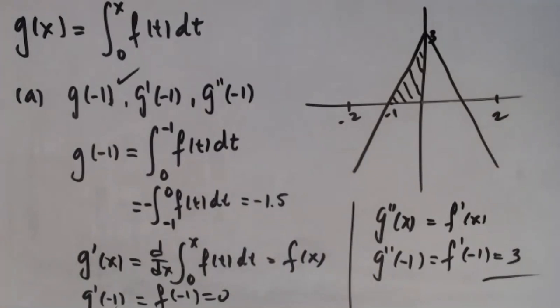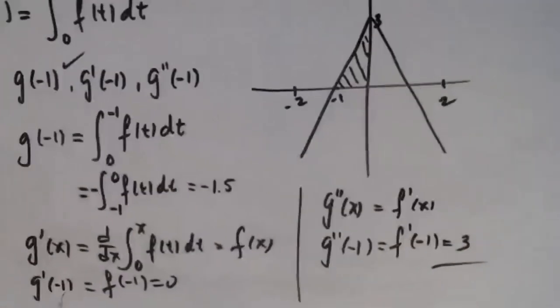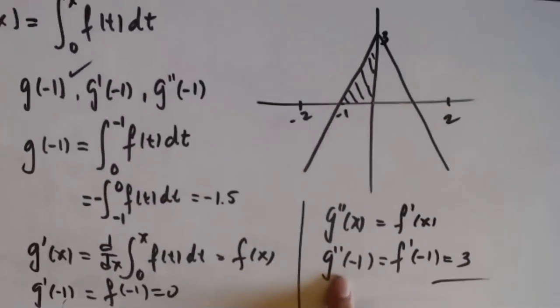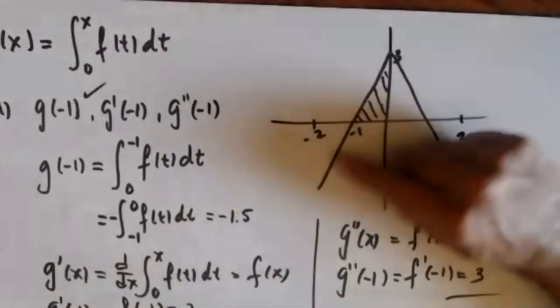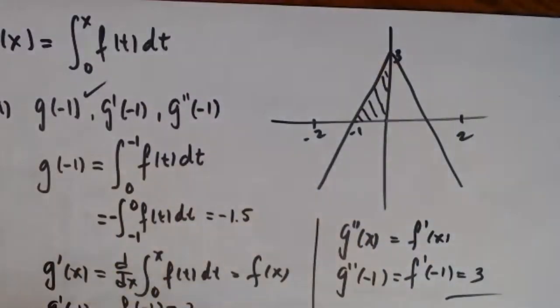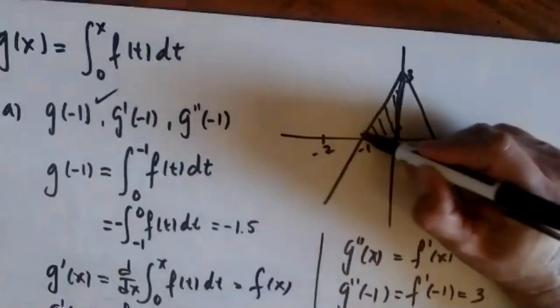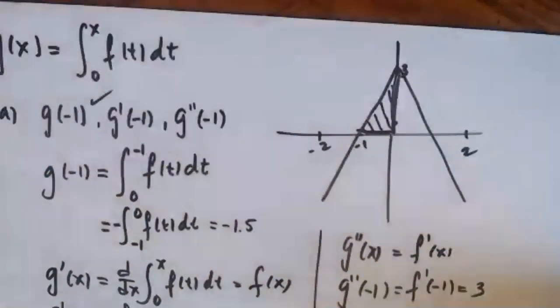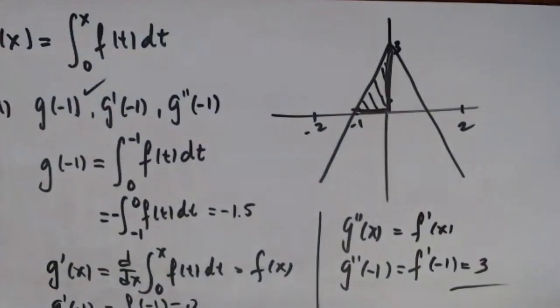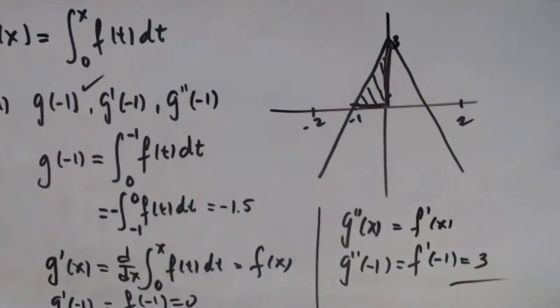How did you get g double prime of x to be 3? Because it's the slope of the tangent line. If this is rise over run, it is 3 over 1, correct? Because the slope of that line is 3. So the equation of this line is 3x plus 3, correct. What is the derivative? It's 3, correct?